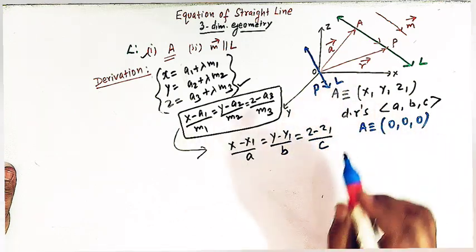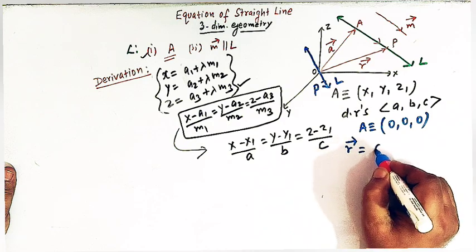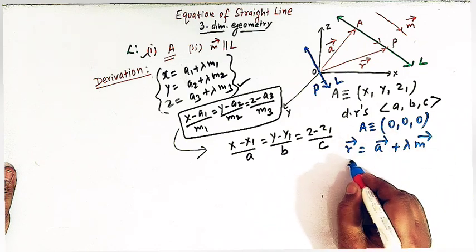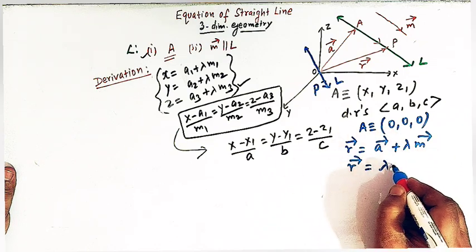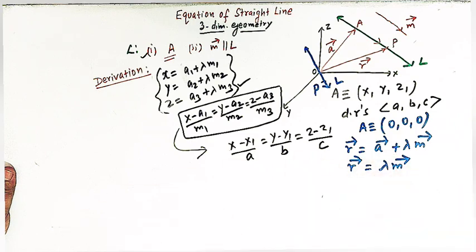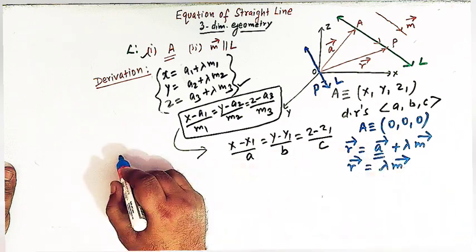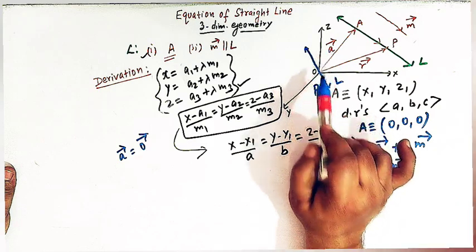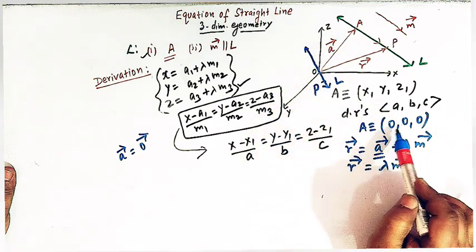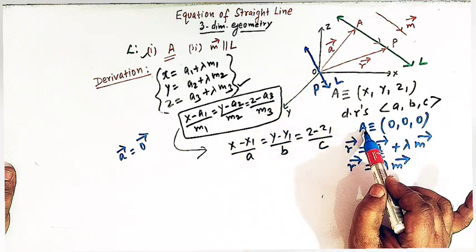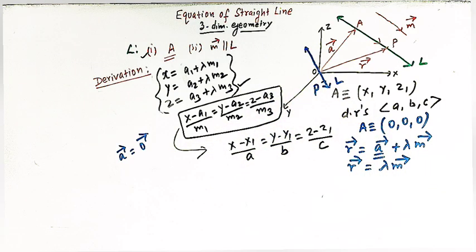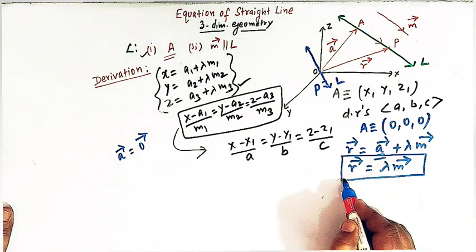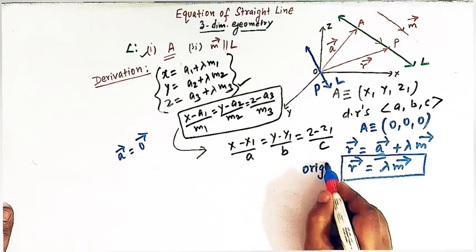Then the vector equation, vector r equal to vector a plus lambda times m, reduces to vector r is equal to lambda times vector m. Because in this case the vector a becomes a zero vector, as the coordinates of the point A are 0, 0, 0, that is, this point A coincides with the origin. So this is the vector equation of a line passing through the origin.